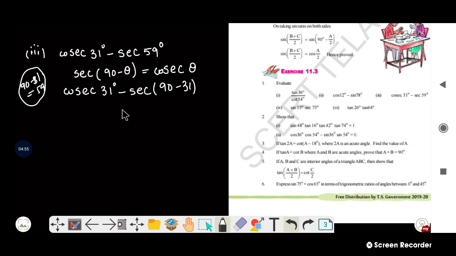So here this is 90 minus theta. This is cosec 31 degrees minus sec 90 minus theta means cosec theta. So then it is also 0, right? Now we go for the fourth question.